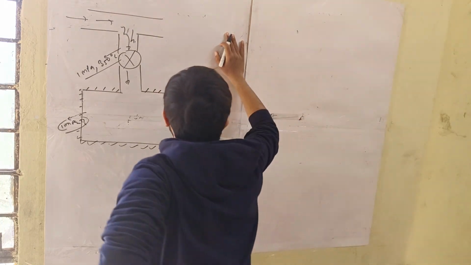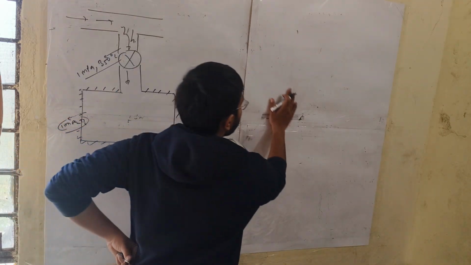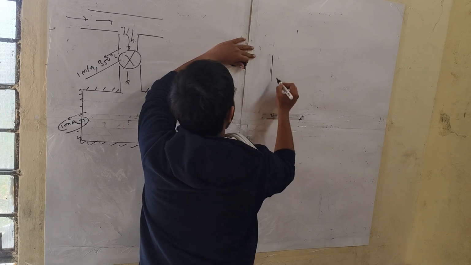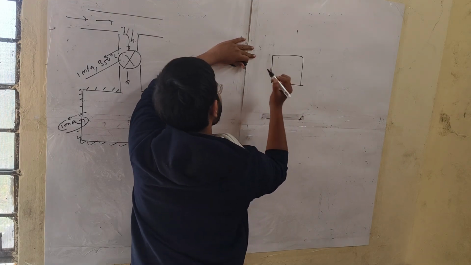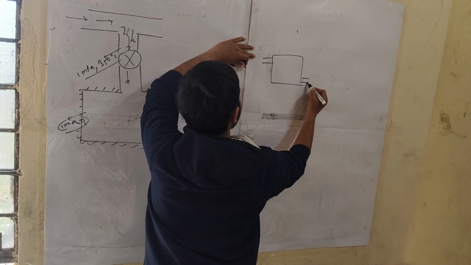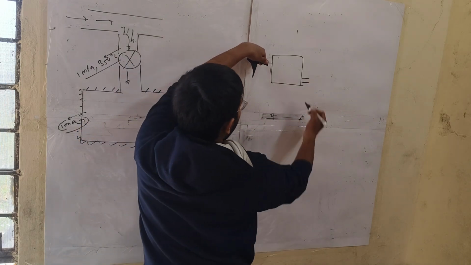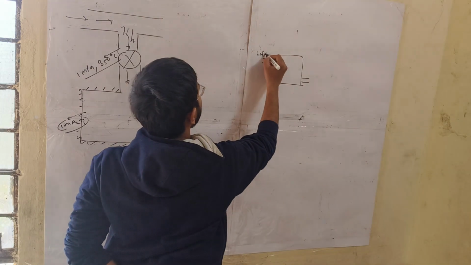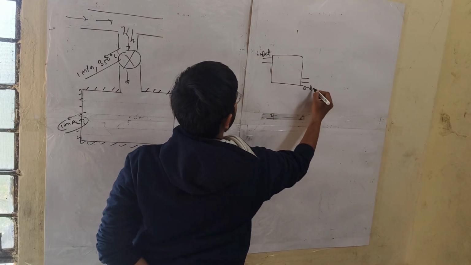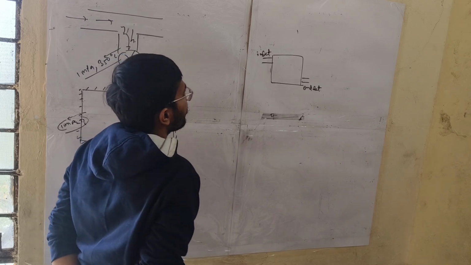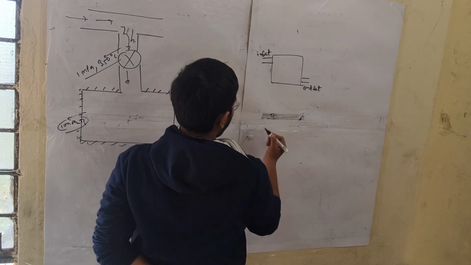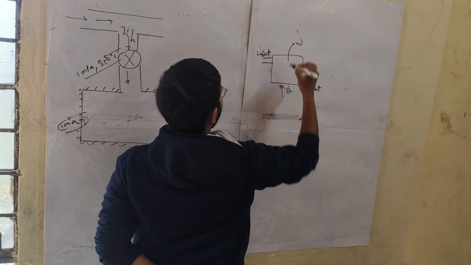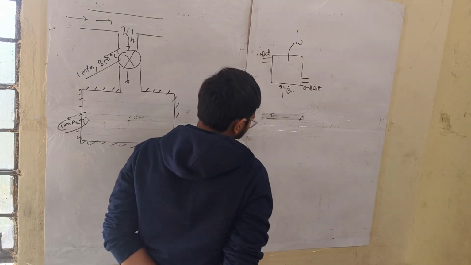First we try to understand the unsteady flow energy equation. We have this system, a control volume. The air enters through the inlet and exits through the outlet. There is heat transfer Q, and we get work W from this control volume.